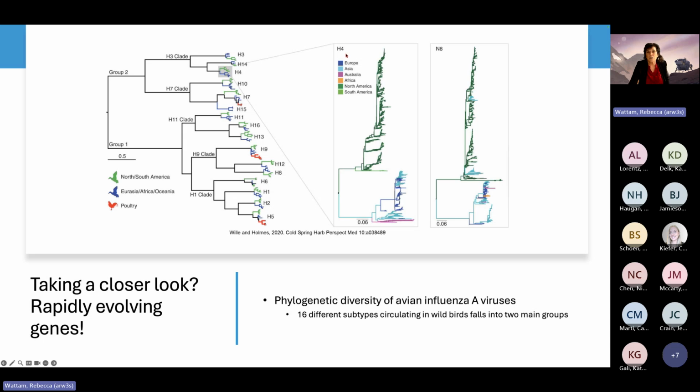So this is hemagglutinin, and this is neuraminidase, and these are from avian isolates, and they're looking at the same organism, different genes from the same organism, and looking at how those are changing in different parts of the world, Europe, Asia, South Africa.